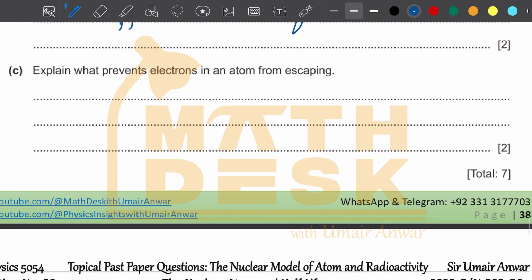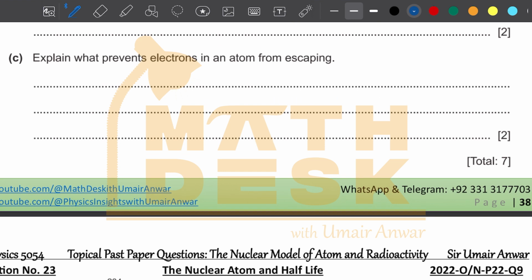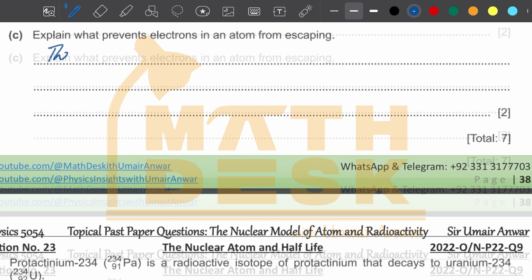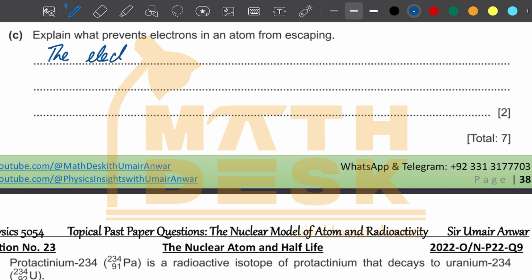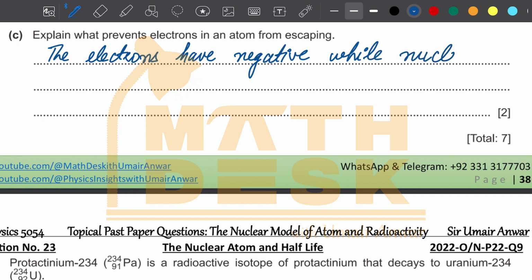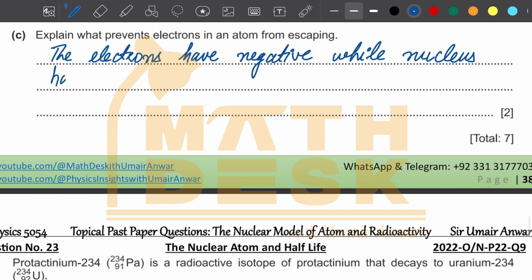Explain what prevents electrons in an atom from escaping. So the answer is the electrons have negative charge while the nucleus has positive charge.